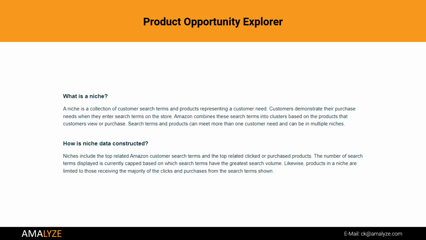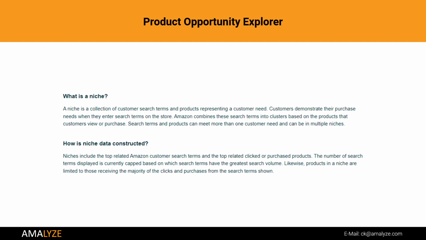But we will start with what a niche is, in the meaning for Amazon, or in the definition. A niche is a collection of customer search terms and products. No, especially, we will see it in the data later. It is just specific search terms surrounded by a seed search term and the most clicked products behind it.